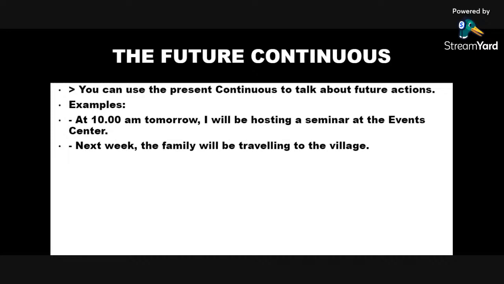I will be hosting a seminar at the event center. Next week, the family will be traveling to the village. This is using the future continuous tense. And here you are talking about future actions generally. And so you can use the future continuous tense to talk about them. Okay?